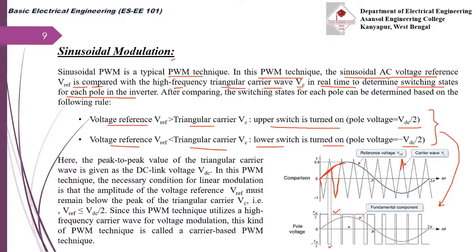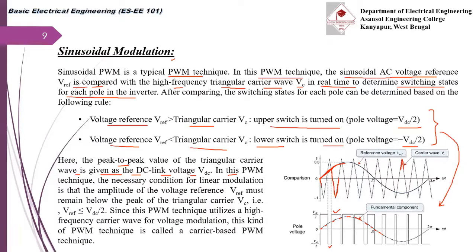And the fundamental component of the reference wave is shown here by the dotted line. Now here the peak to peak value of the triangular carrier wave is given as the DC link voltage VDC.